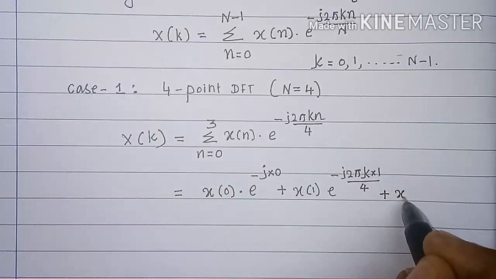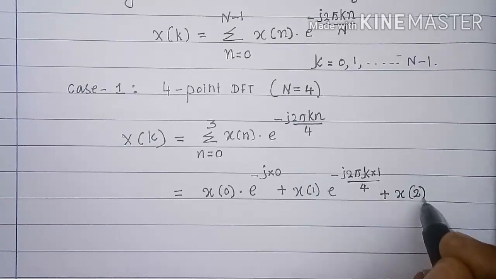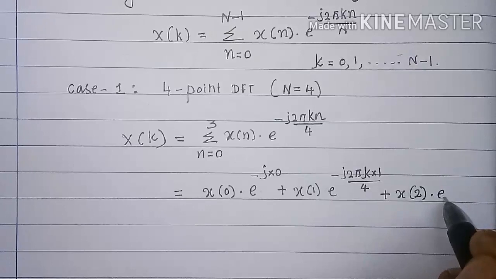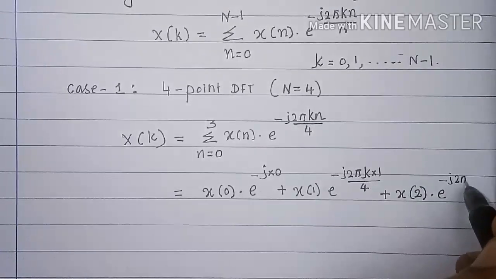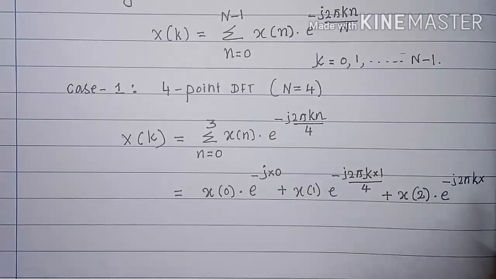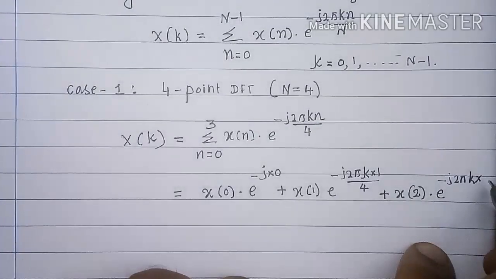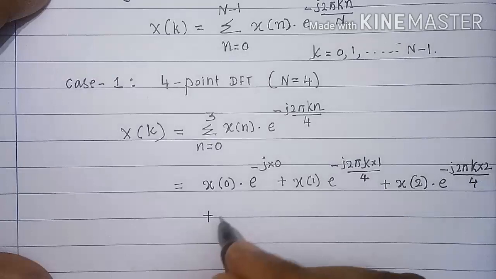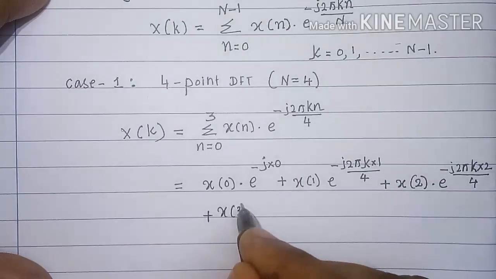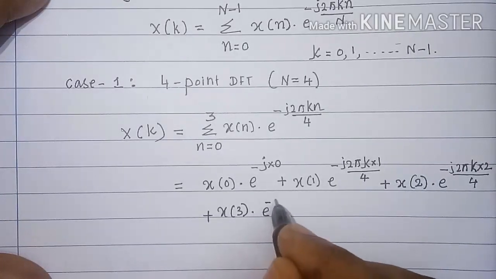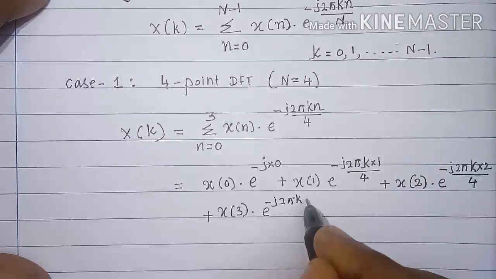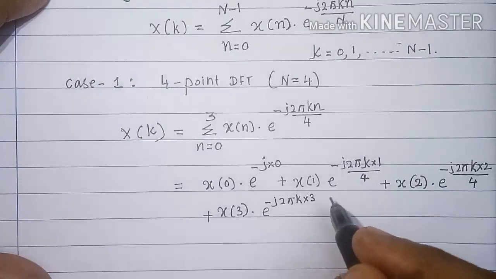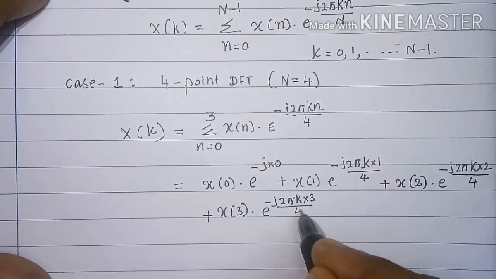Plus for n equal to 2, x of 2 into e raised to minus j 2 pi k into 2 by 4, plus x of 3 into e raised to minus j 2 pi k into 3 by 4.